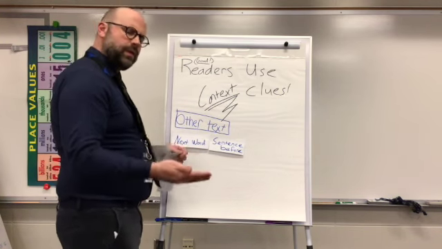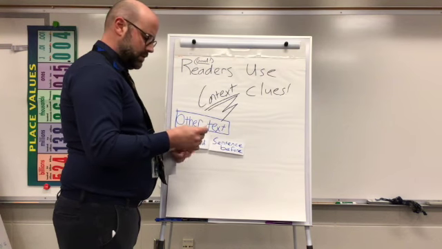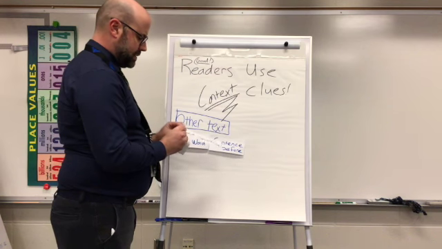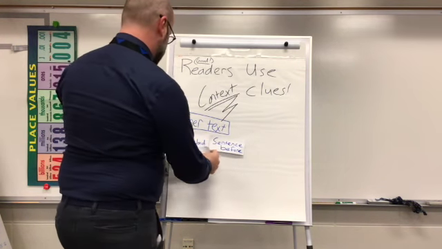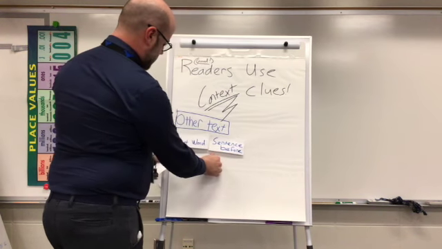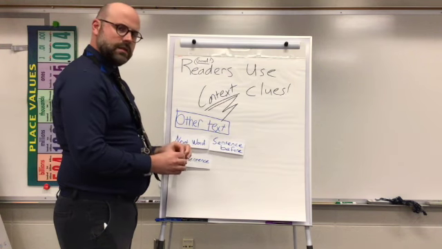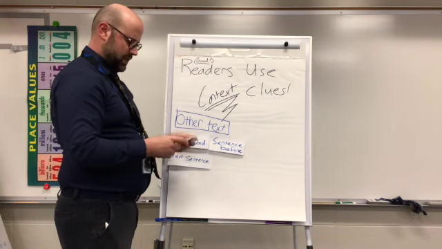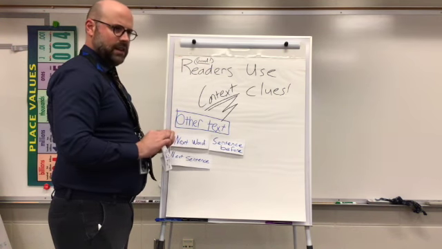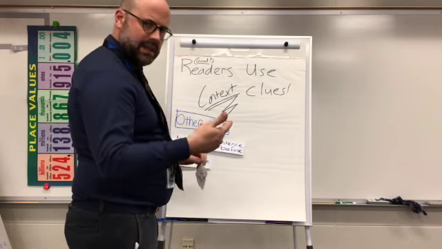Does the sentence before the word explain it? It's like a build-up to it. Or maybe if the sentence before doesn't explain it, what about the next sentence? Does the next sentence explain the meaning of the word? So maybe you're reading a sentence and you come across a word you don't know, but you keep reading and the next sentence explains it to you.